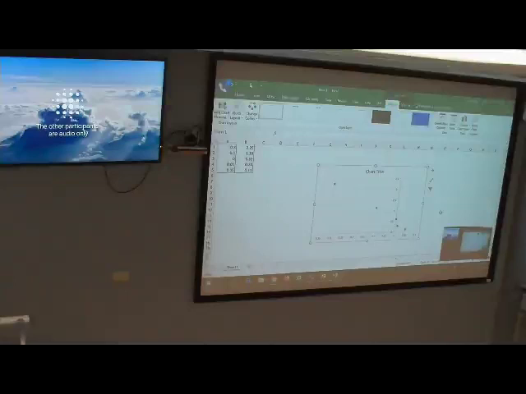Almost linear. Oh, it looks like a line with a step. Okay. Almost linear.